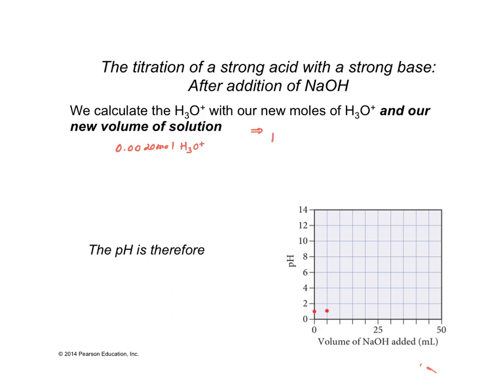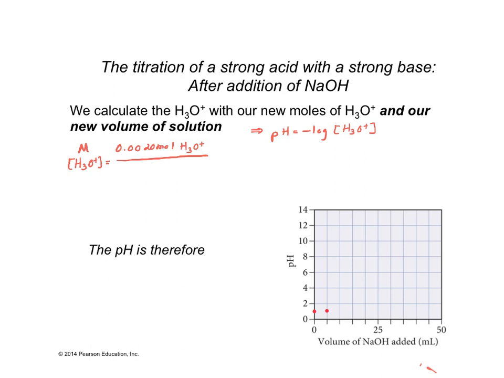To calculate the pH, we need the concentration of H3O plus. Right now, all we have is the number of moles. To calculate the concentration, we need to take one little piece of information back into play, and that's the volume. Molarity is moles per liter. So to get our new concentration of H3O plus, we take the number of moles that are left and divide it by the volume of the solution.